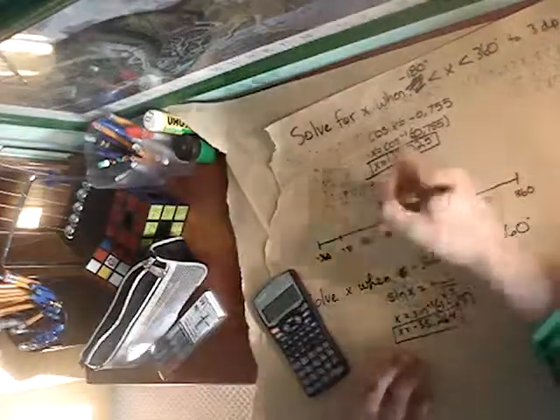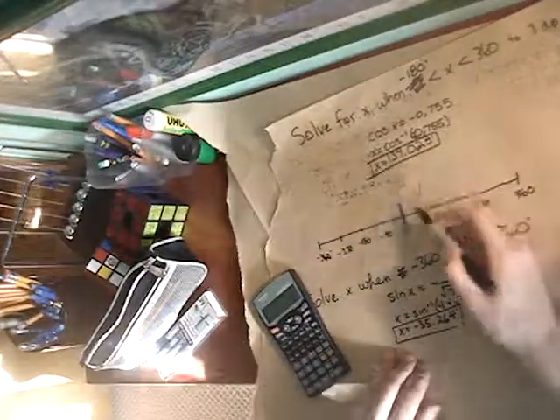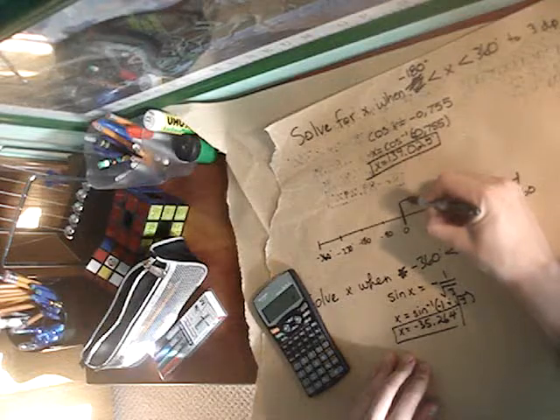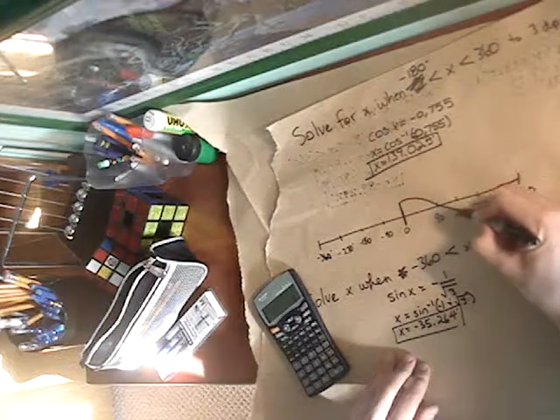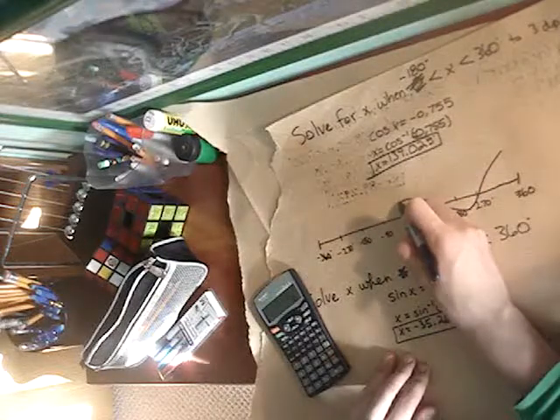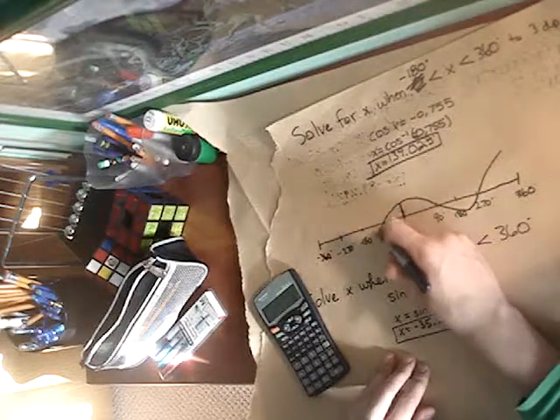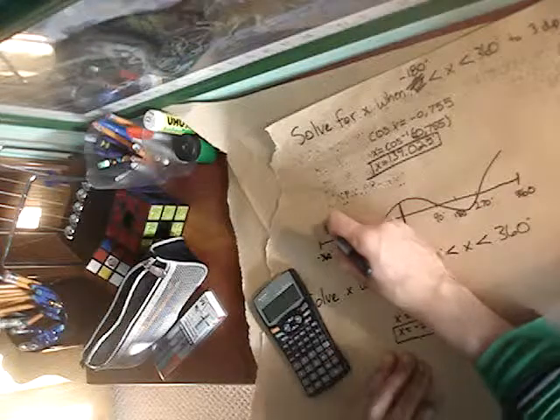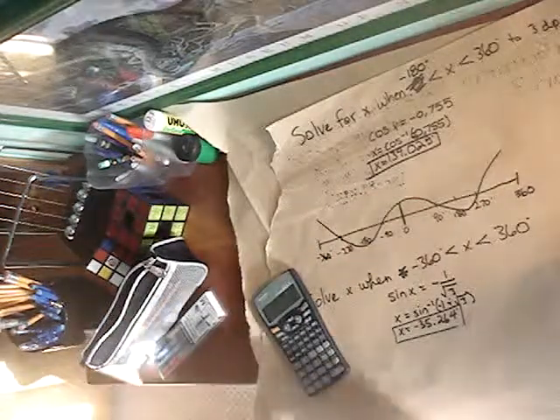Okay, so now what we need to do is remember the cosine graph. So if we just draw it out on this side, if we just continue like that, we get the full graph.